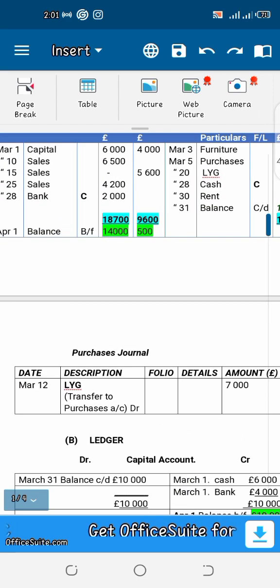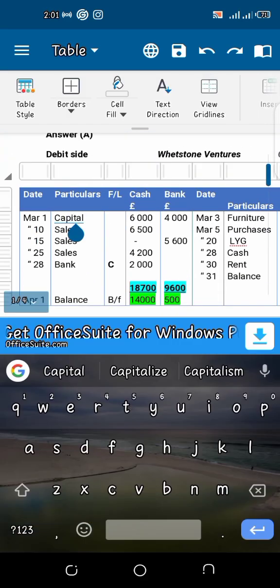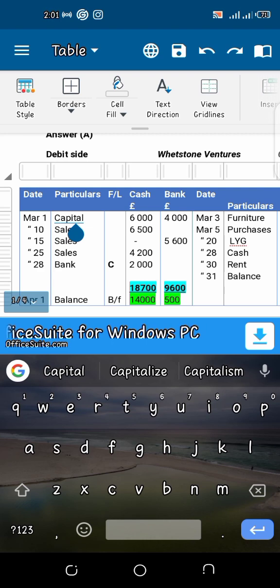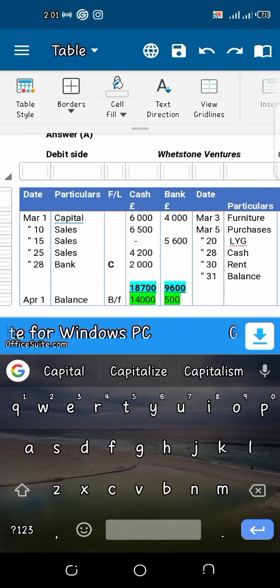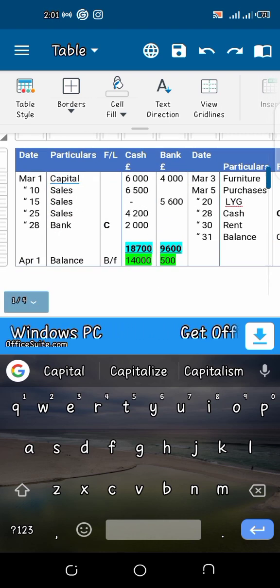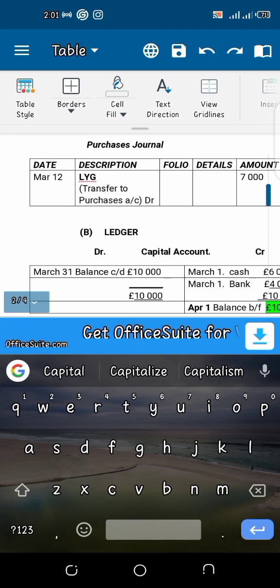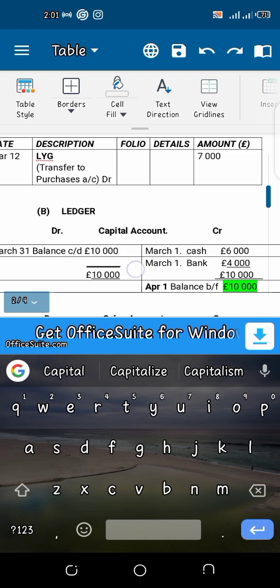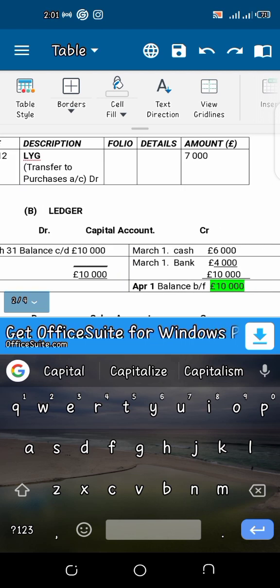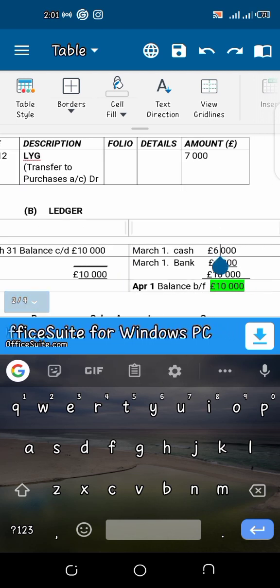Now if you notice, capital is written at the debit side of the cash book, but in the ledger, when the capital account is opened, you find that the entries are at the credit side.